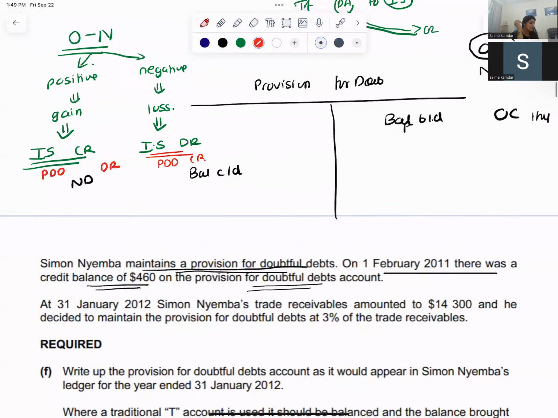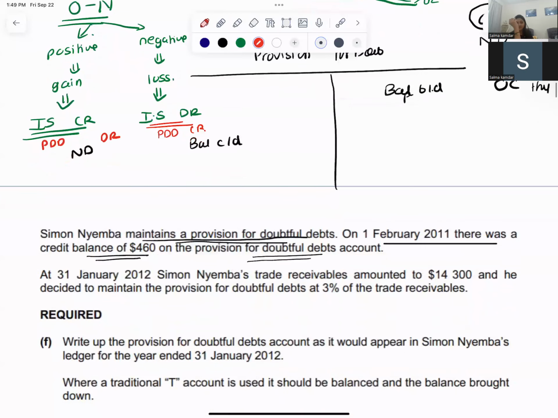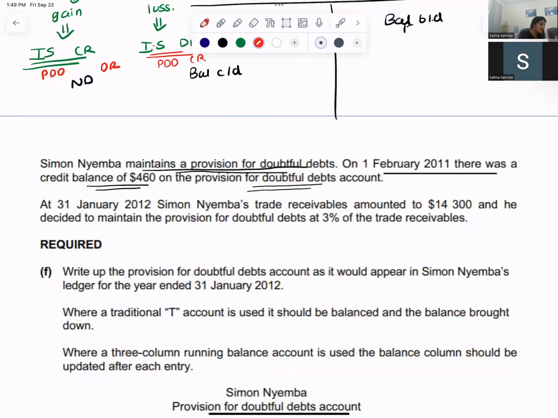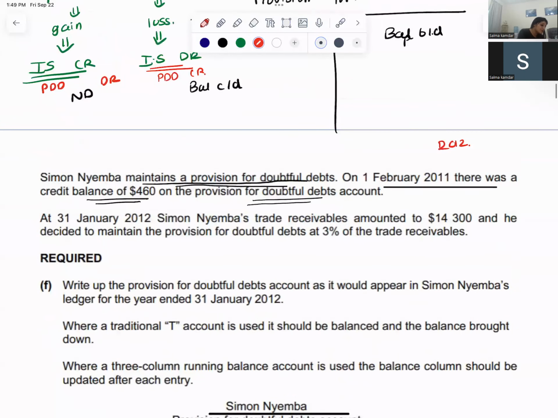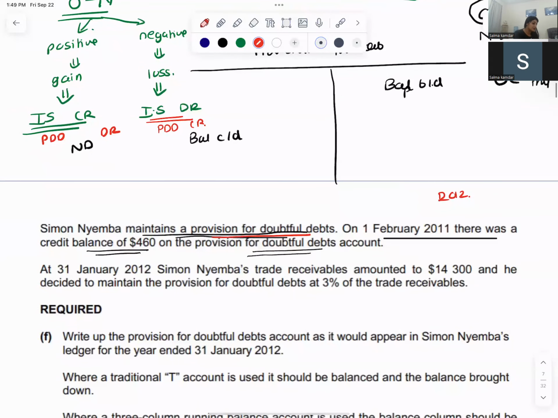Now we'll continue with the sum of Simon, that is of 2012. Here he is making a provision for doubtful debts account. There was a credit balance of 460. That means 460 is the old provision on the first date, 2011, Feb 1.